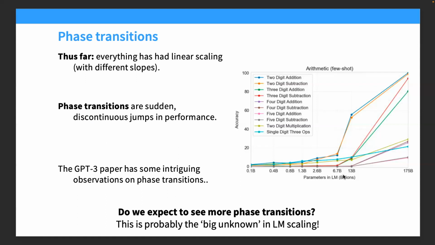Well, for 3-digit addition, which is a simpler task, the turning point will happen earlier at say 5 billion or 6 billion parameters. People right now still haven't figured out the reasoning behind that. What is causing this phase transition? This is perhaps the biggest unknown in language model scaling, and how we can predict this turning point, this phase transition, I think right now is still unknown, like how we can actually predict this sudden jump of the performance.